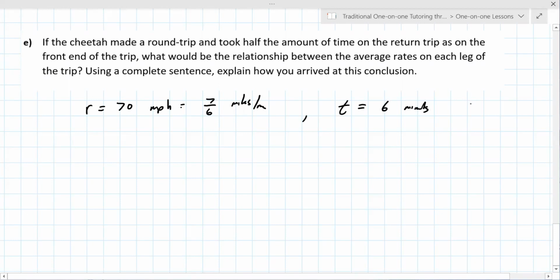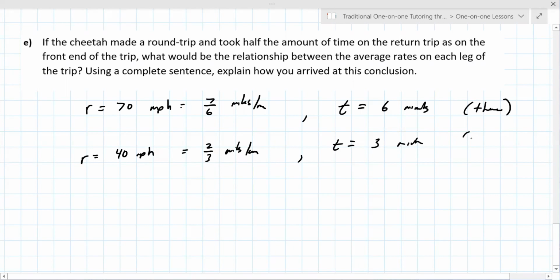Now on the return trip, it's 40 miles per hour, which was 2/3 miles per minute. This is all review. But this time the time on the return trip is half the time, so on the return trip the time would be 3 minutes.